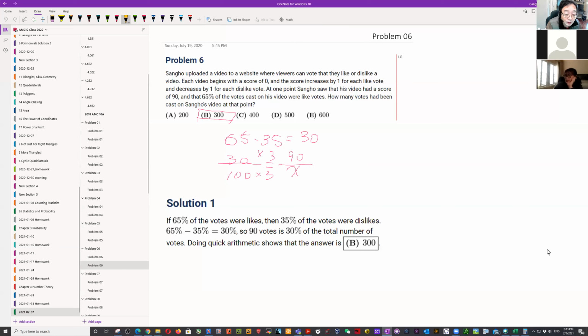And then she has a score of 90. So you do a ratio, and X becomes the unknown. We scale from 30 to 90 by multiplying 3, then you multiply 3 by 100 to get 300.